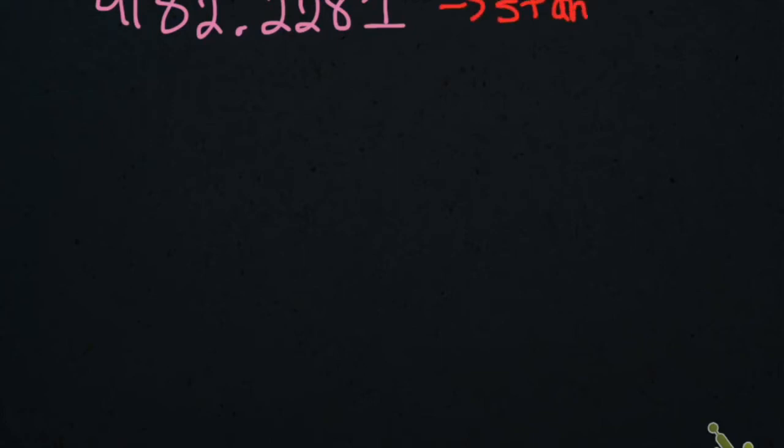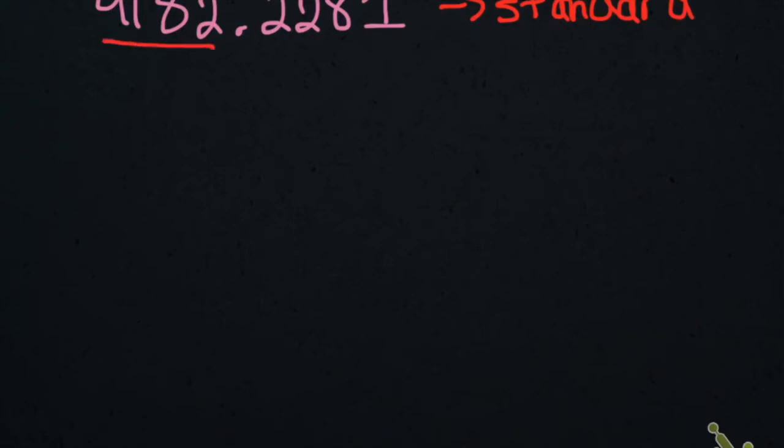So I'll give you another example here. We're going to say, how about 9182.2281. So this here, as I've written it out right away, this is the standard form, standard notation. Now, this is where things get a little bit complicated.